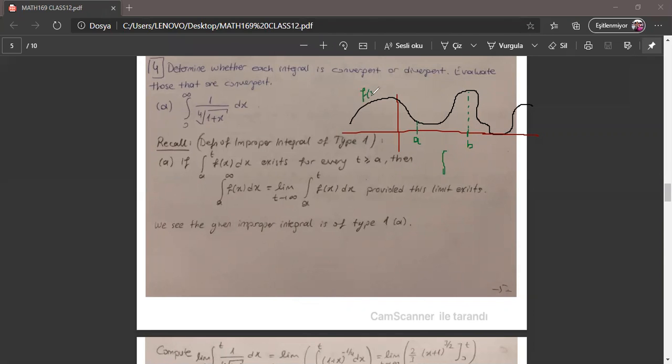If we say this is f of x, we were computing f of x dx between these boundaries. Okay, now what do we do? For example, for this part, the above boundary is not b. There is no boundary above. So instead of this b, we don't have b now. Okay, now what do we do?